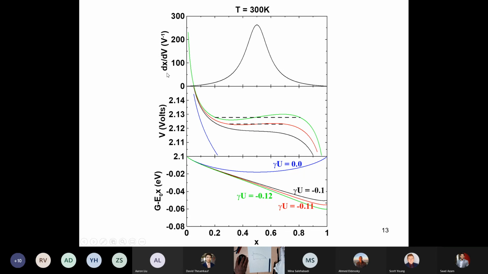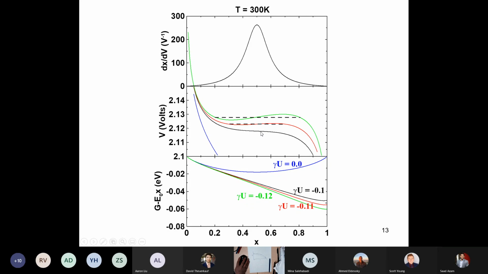So this should be plotted as minus dx dv up here. But you can see there's a very, very sharp peak around the middle at 50% filling. And once this peak goes to infinity, that's when this curve becomes perfectly flat.